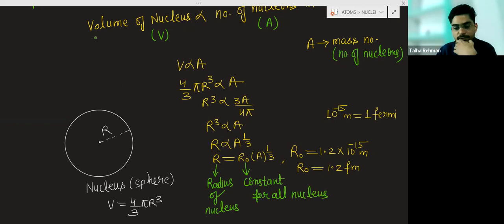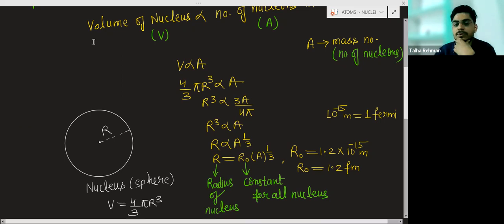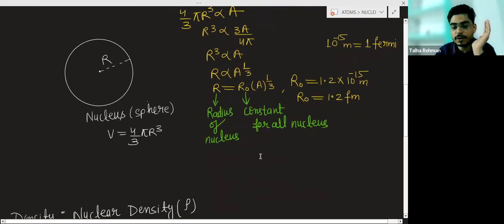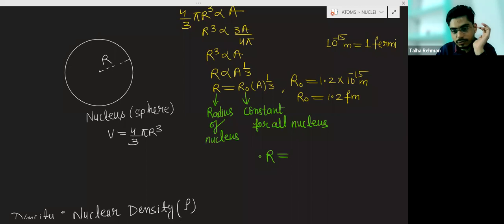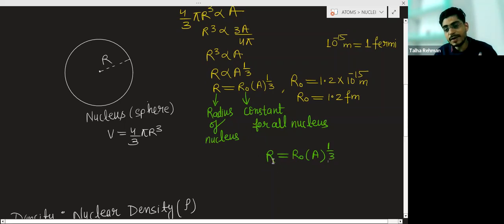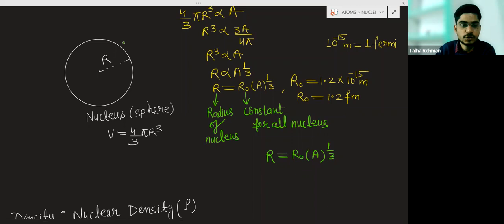A is the mass number. R is equal to r naught A to the power 1/3 is the formula to calculate the radius of any nucleus. You put the value of A and you get the radius of different nuclei. So remember this formula.